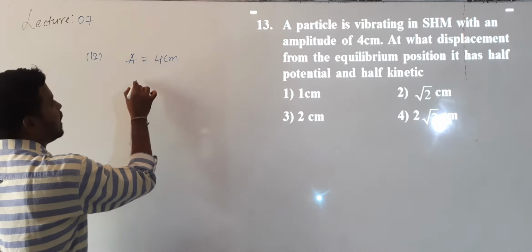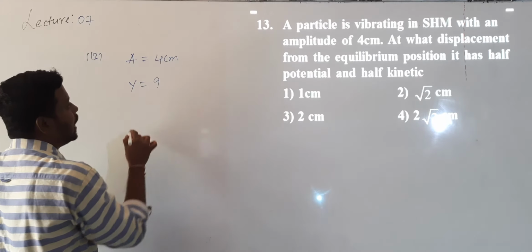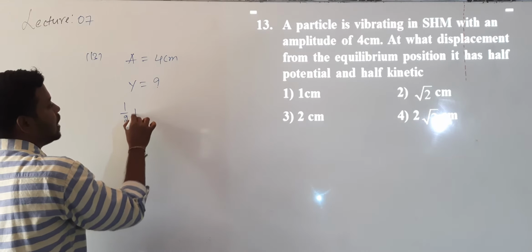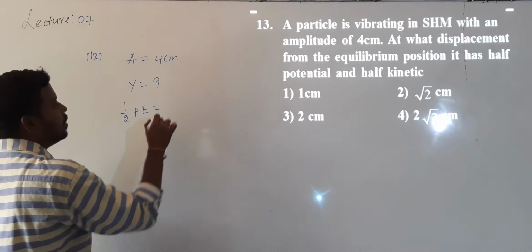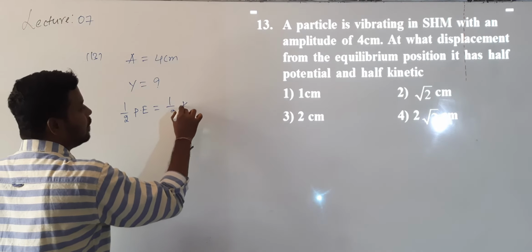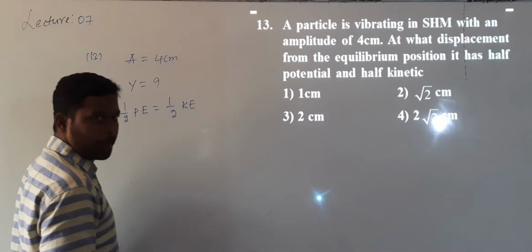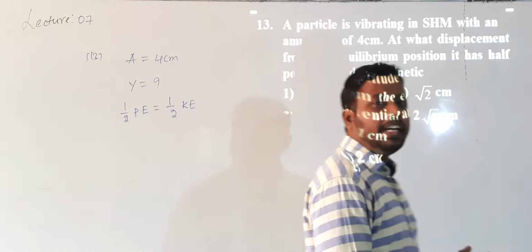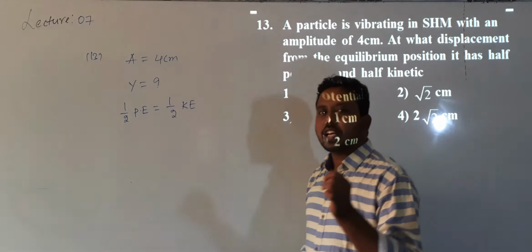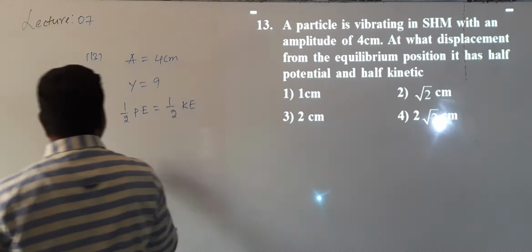They are asking us to calculate the displacement at which the kinetic energy is equal to half of the total energy. In the question it is not clearly mentioned, but as per the given data we need to take the kinetic energy equal to the potential energy.